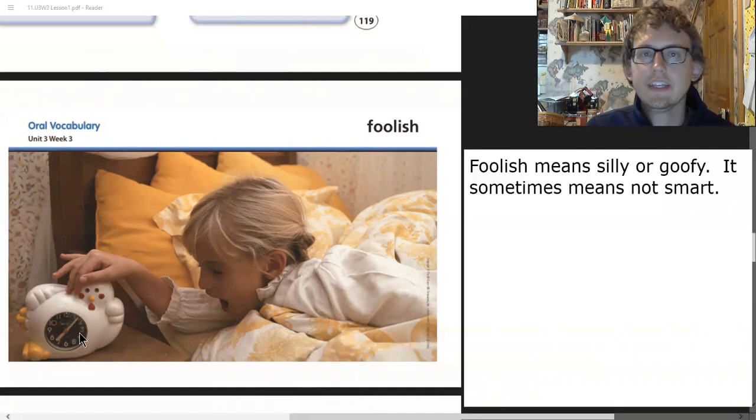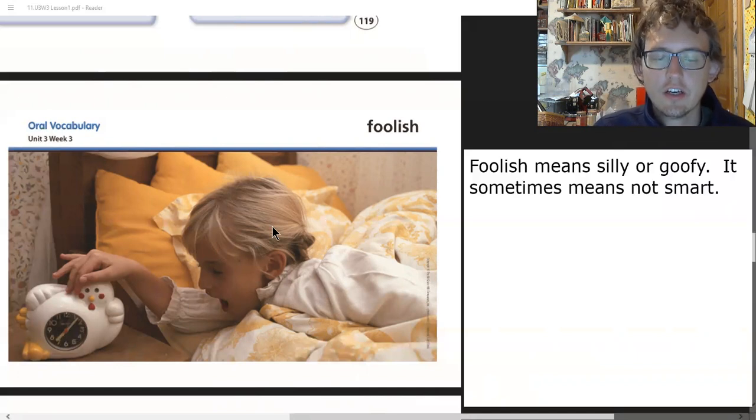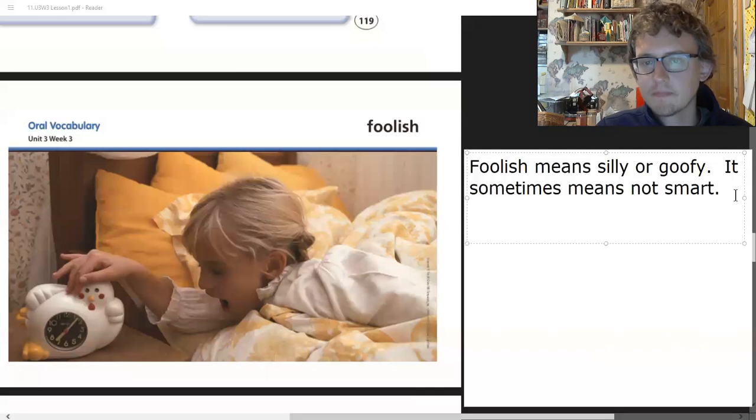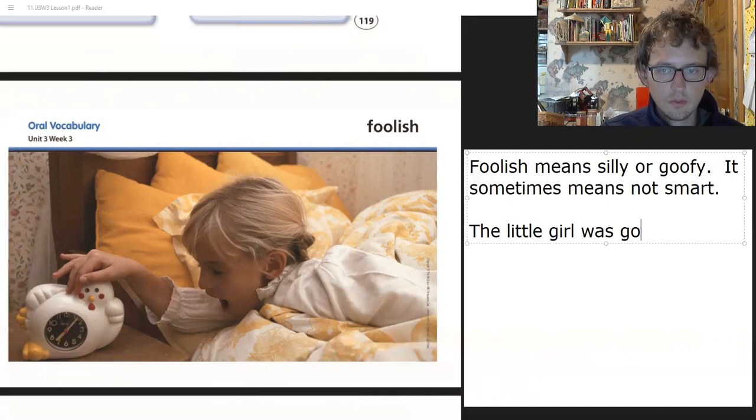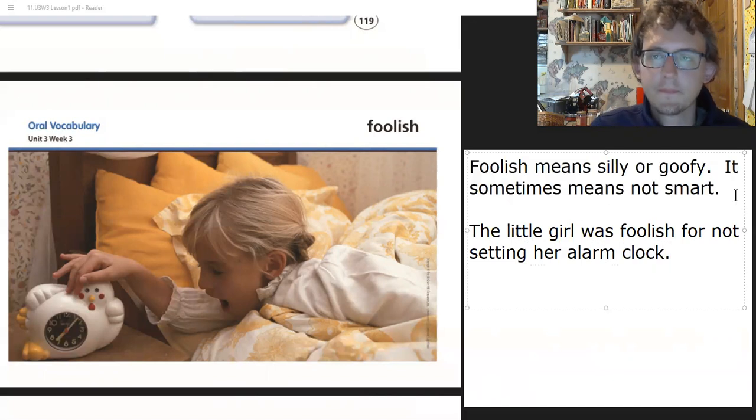And usually, little girls like her have to go to school by 7:30. So that means she forgot to set her alarm clock, right? So we can say the little girl was foolish for not setting her alarm clock, right?